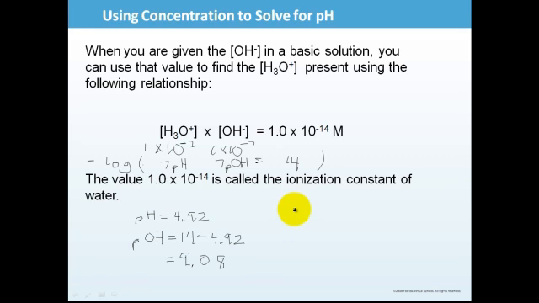So again, using our last example there, we had, if I remember correctly, 1.2, sorry, it's supposed to be a 1, there we go, times 10 to the negative 5th, and we would multiply that by the hydroxide ion concentration, and you set that equal to 1 times 10 to the negative 14.